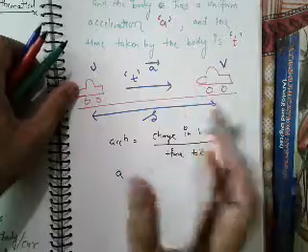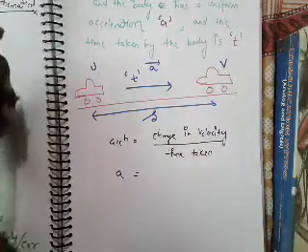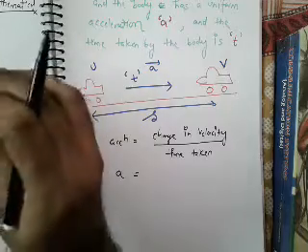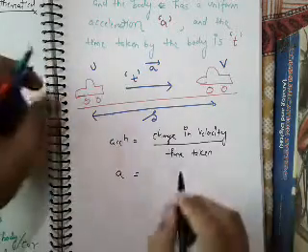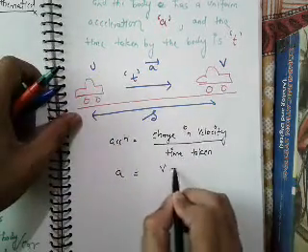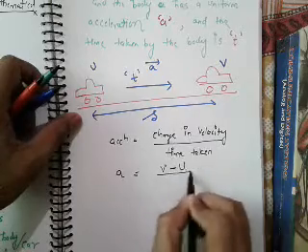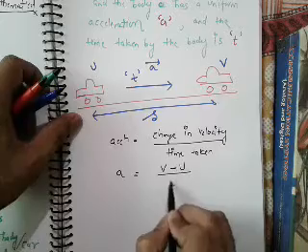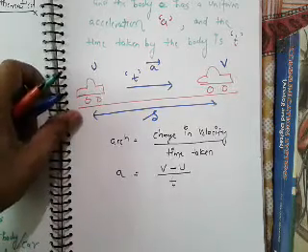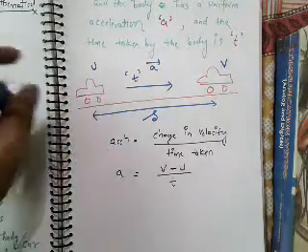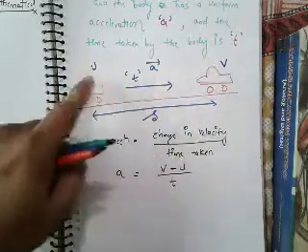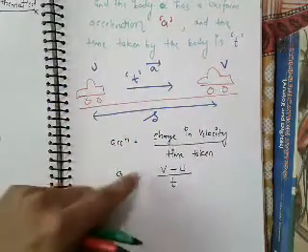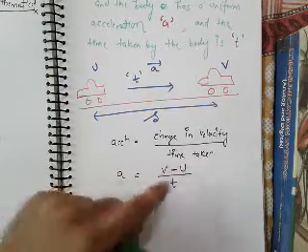Whenever you want to find a change in any physical quantity, you have to subtract the initial value from the final value. The change in velocity means final velocity minus initial velocity. Time interval is t here. In our assumption, the final velocity is v, initial is u, and time is t. So the acceleration formula is a is equal to v minus u upon t.